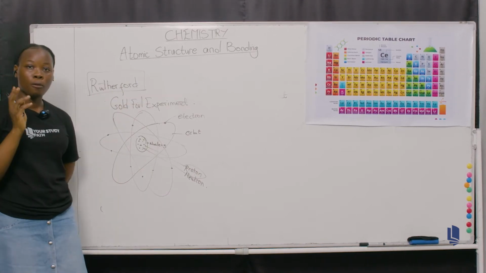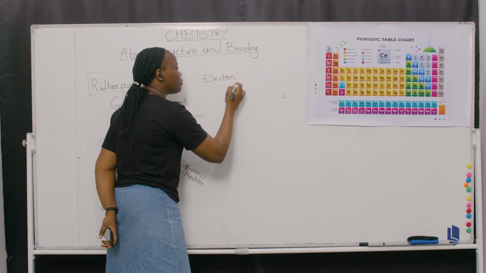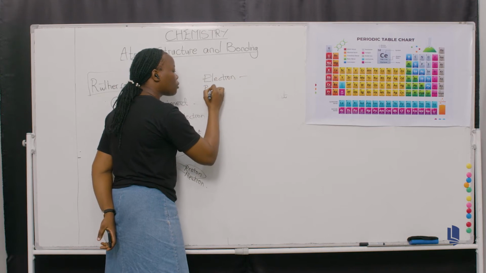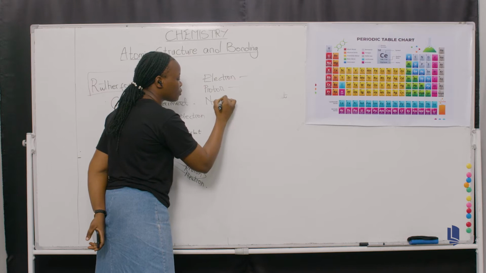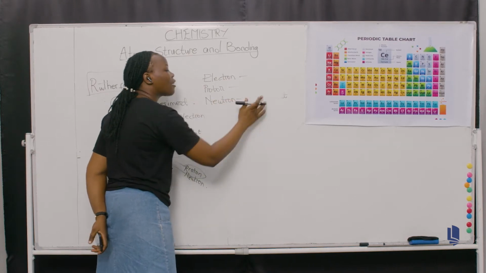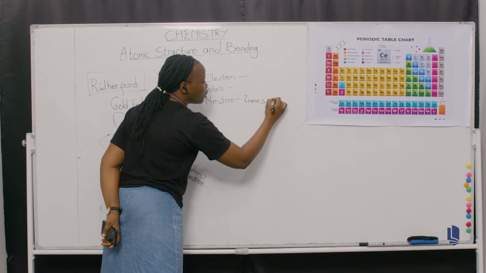So we now know for electrons, J.J. Thomson. We know for proton, Rutherford, and the last one is neutron. The discovery of the neutron is accredited to a scientist known as James Chadwick.